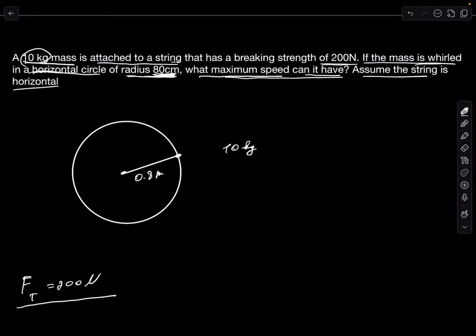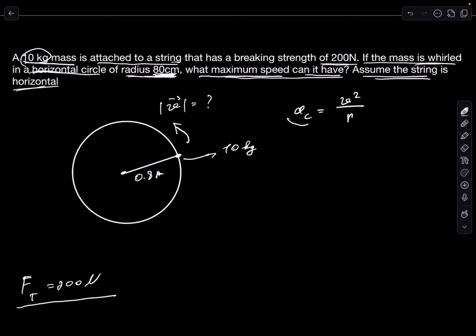We have a mass right there, it's 10 kilograms. What maximum speed, the speed is the absolute value of velocity, can it have? Assume the string is horizontal. Alright, so how do we figure it out? Look, in our centripetal acceleration equation, we have the velocity squared over r.